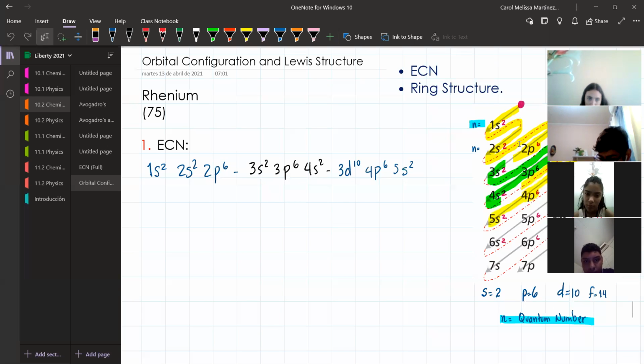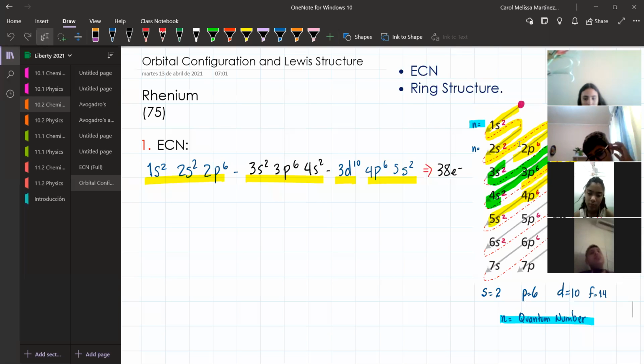Okay, because I can no longer continue in the same line, I will move to the second line. But I will count the number of electrons that I have so far. I have 10 and 10, 20, 30, and 8, 38. So far I have 38 electrons. Okay, so I continue.